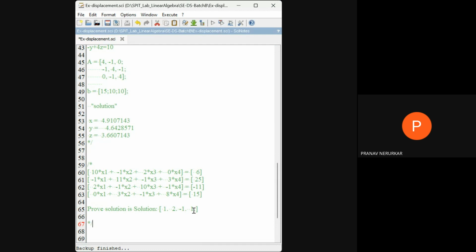So for these linear equations, you can store this in A. Cost will be in vector B. You have to solve for Ax equal to B, find what is x given A and B, and prove that x1, x2, x3 and x4 are 1, 2, minus 1 and 1.